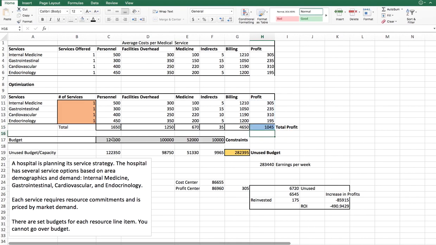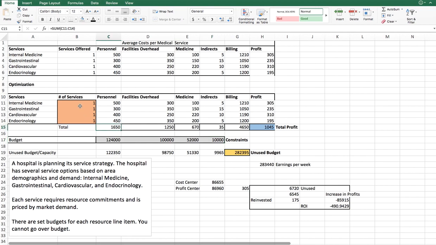Once you've got that, then of course you've got your budget things. Budget allocations per line item or per resource item is $124,000 for personnel, $100,000 for facilities, $52,000 for medicine, and $10,000 for indirects.